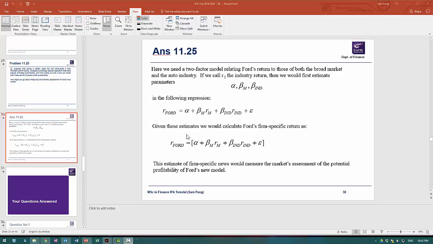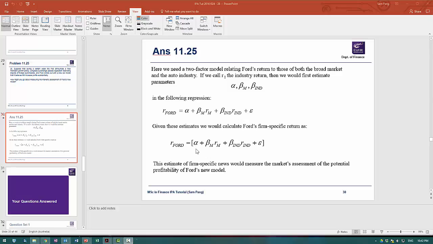But after the announcement, now you try to determine is there actually something else at play here. So you try to now investigate this relationship, and if the new model is just not relevant at all, if it makes absolutely no difference, then this little alpha here wouldn't be very significant.